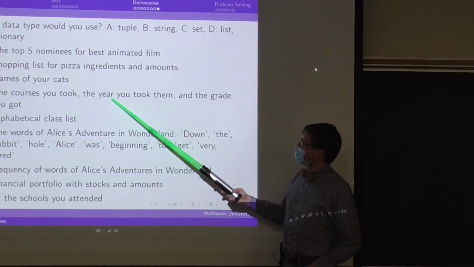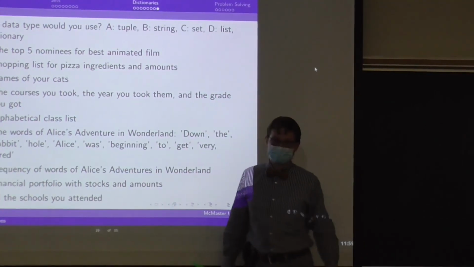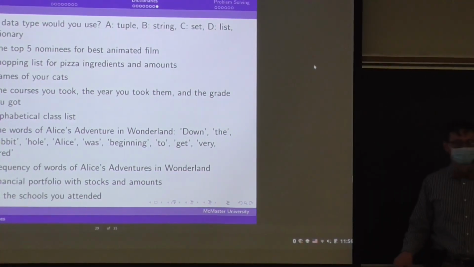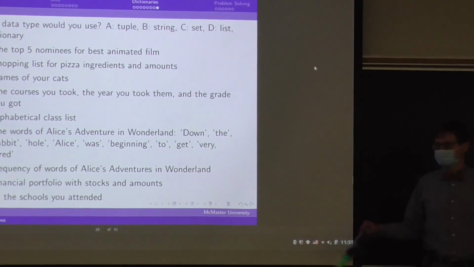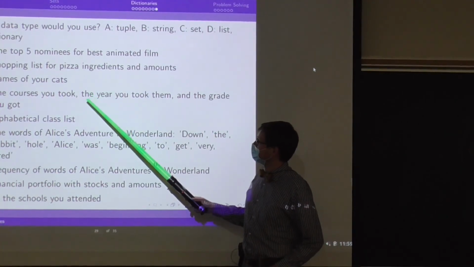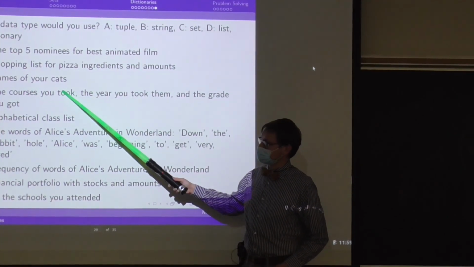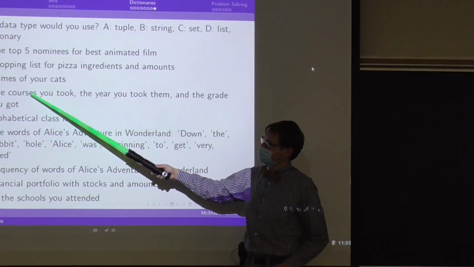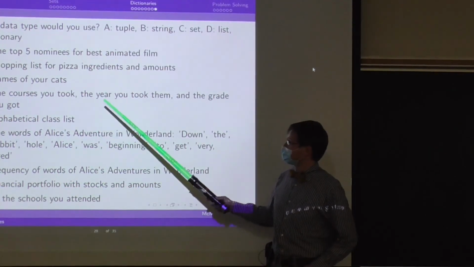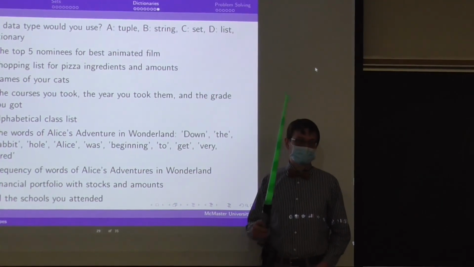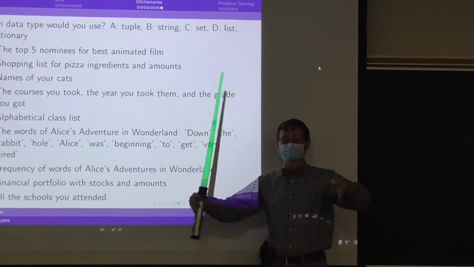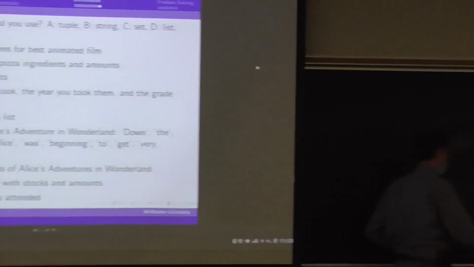The courses you took, the year you took them in, and the grade you got. Dictionary, yes, because you are relating a course that you took. Well, you could say courses and then a list of the courses you took. You could say the year. This one's complicated because you could make it a nested structure.